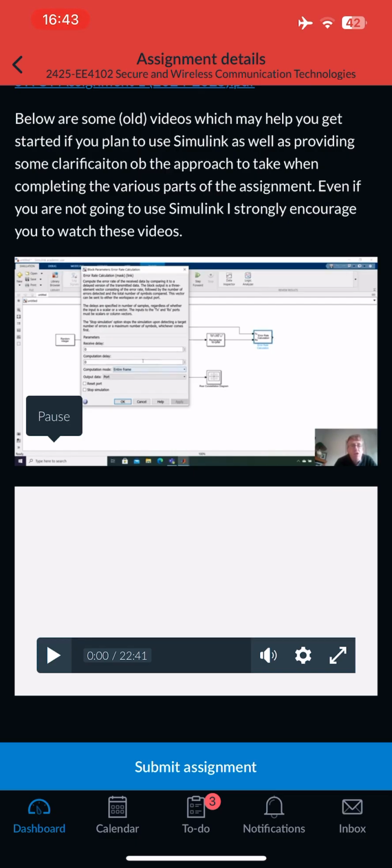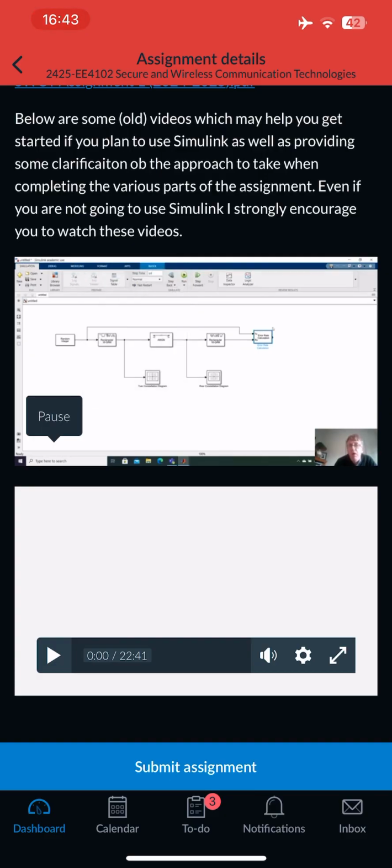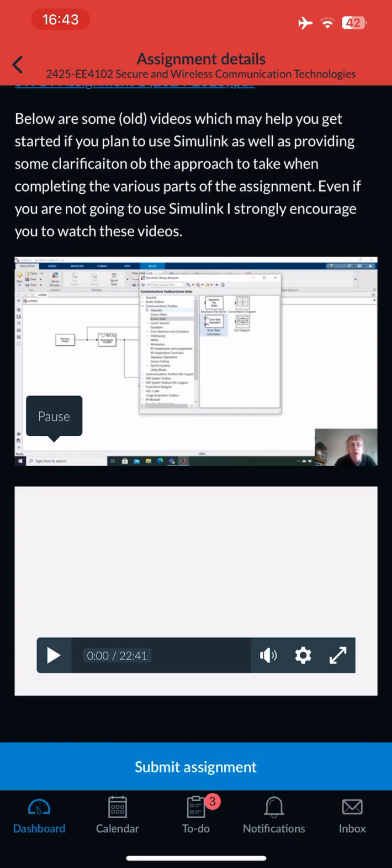In other words, by changing that to port, the model block, rather than saving the results of the error rate calculation to a variable in the MATLAB workspace, outputs those as an output of the block.